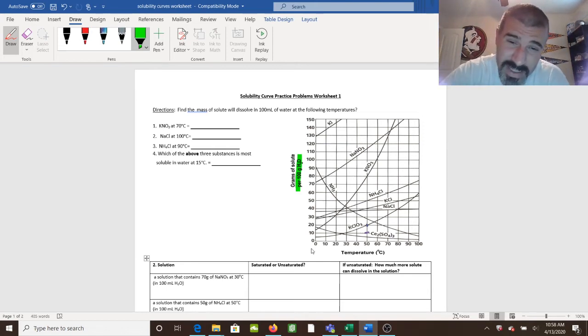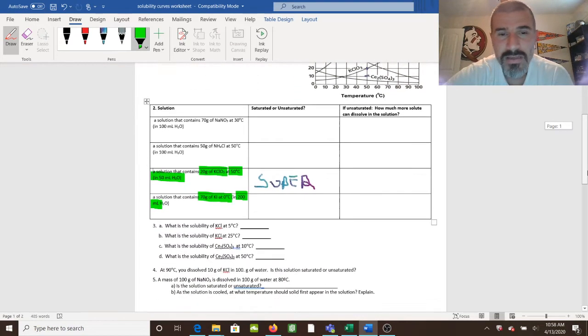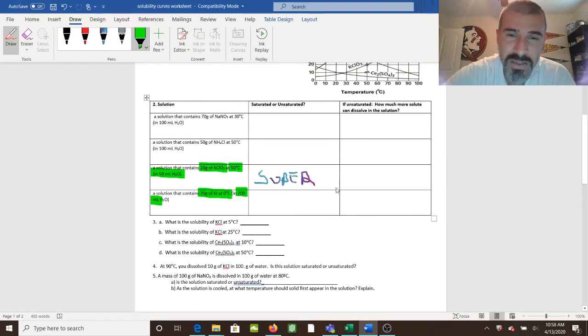So at 0 degrees Celsius, potassium iodide solubility is 130 grams, but that's per 100 milliliters of water. We have 200 milliliters of water. So guess what we can do with that 130 grams? We can double it. 130 grams times 2 would be 260. So this would be unsaturated.